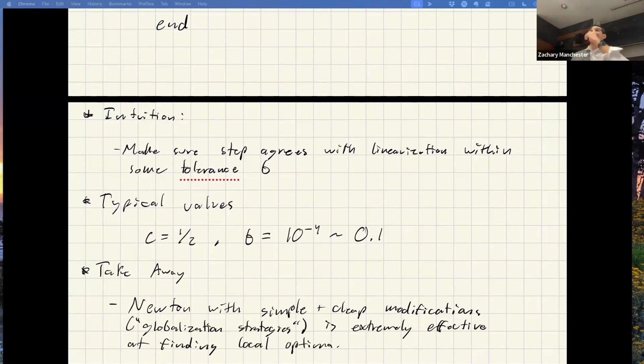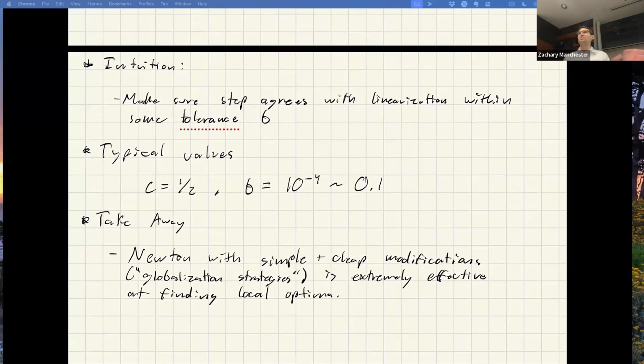Right, that's all we can hope for. The global problem is NP hard in general and sort of hopeless. The only exception to that is a convex problem. So if your problem's convex, then this always works and always gets you the global optimum, roughly speaking.